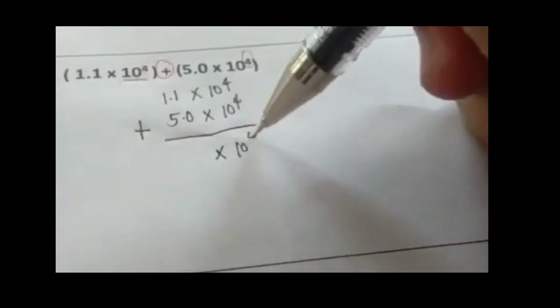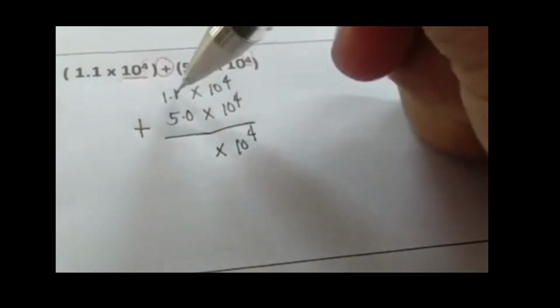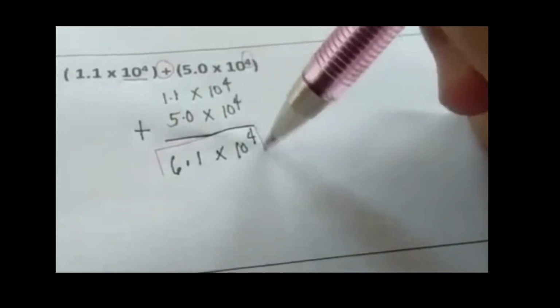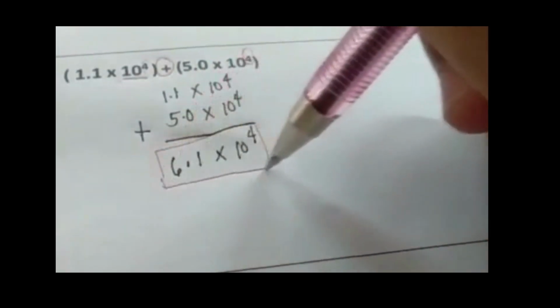So that is 10 to the power of 4. And we'll add the first factors. So 1 plus 0 is equal to 1, and 1 plus 5 is equal to 6. So we have now our answer, which is 6.1 times 10 to the power of 4. So this is now our answer.